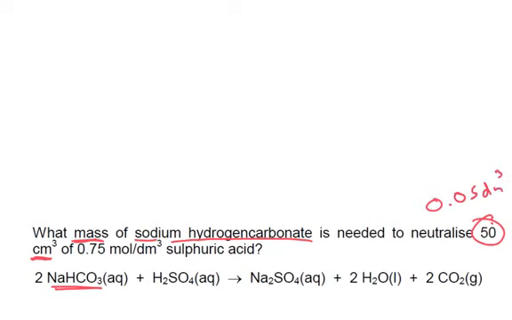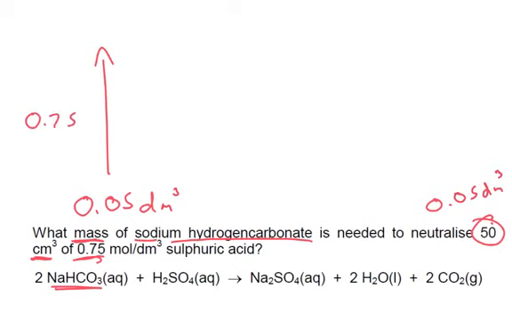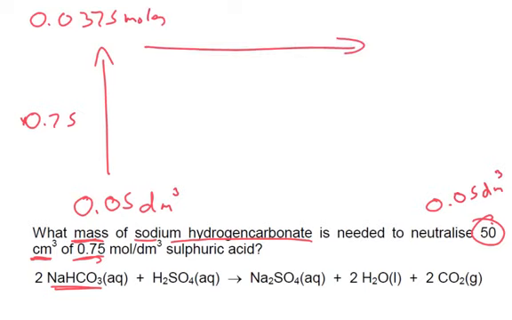So let's start off here. So we've got 0.05 decimeters cubed. How many moles do we have? Okay, well, the concentration is 0.75, so times this by 0.75, and we get an answer of 0.0375 moles.